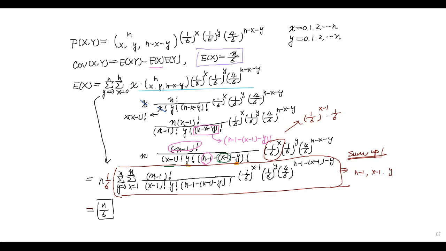We can do the same thing for the expected value of y, because y is exactly the same as the x here. So the expected value of y is n over 6. Now let's go to the next page and take a look at the E of XY.